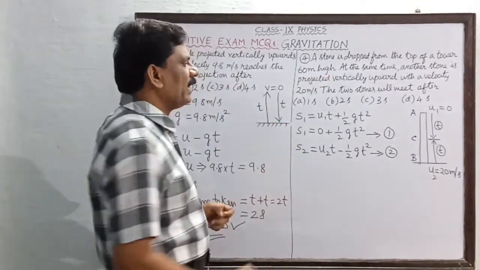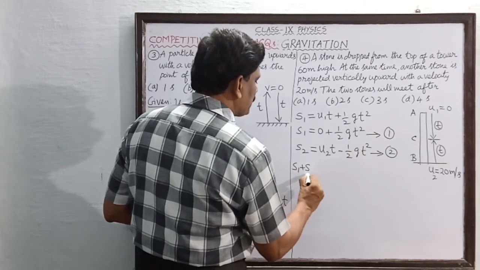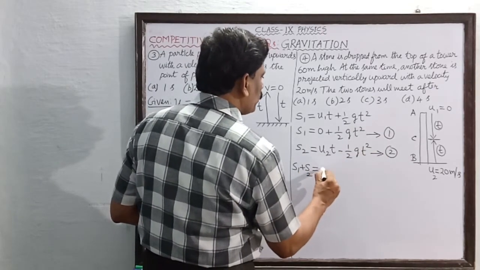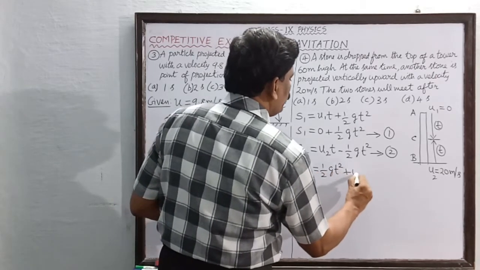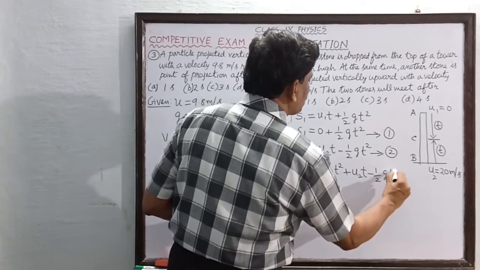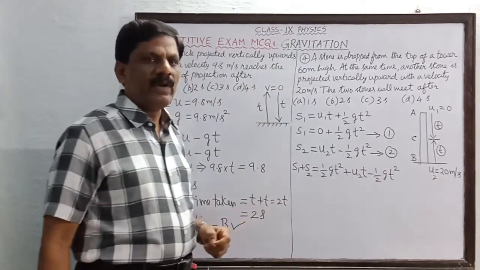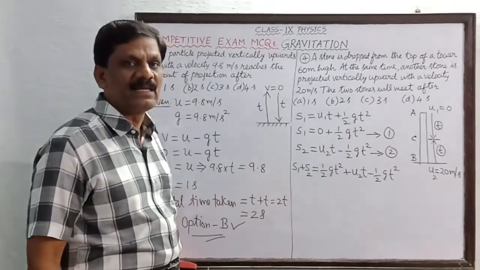Now I am going to add equation 1 and equation 2, so that S1 plus S2 is equal to half g t square plus u2 into t minus half g t square. When you add the right hand sides of equations 1 and 2, you see which term is getting cancelled.